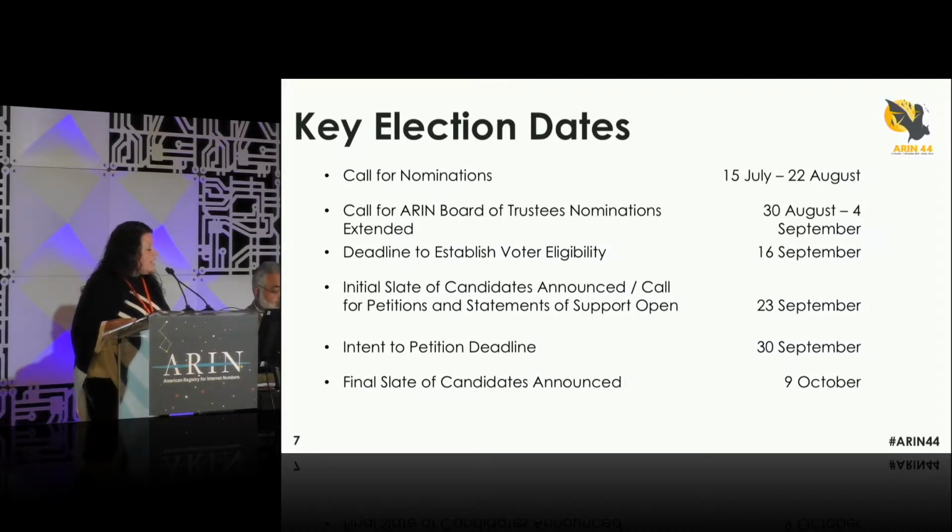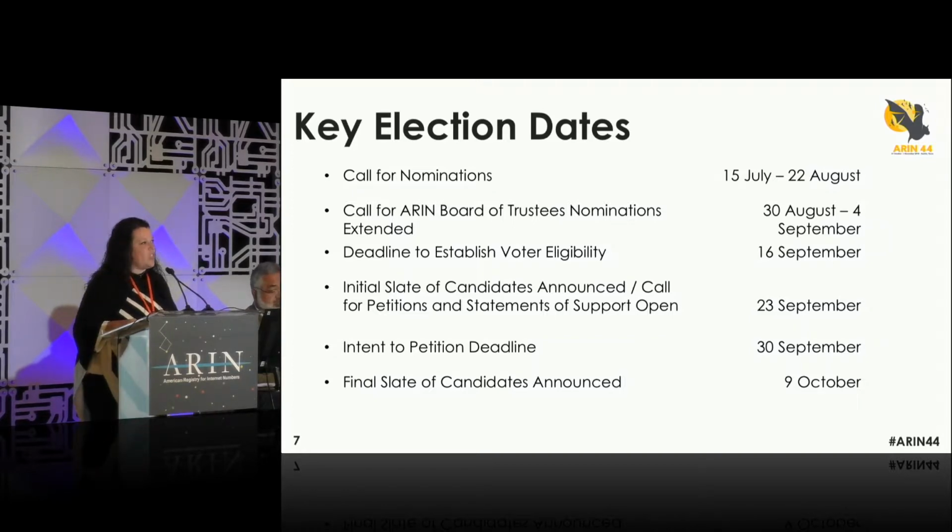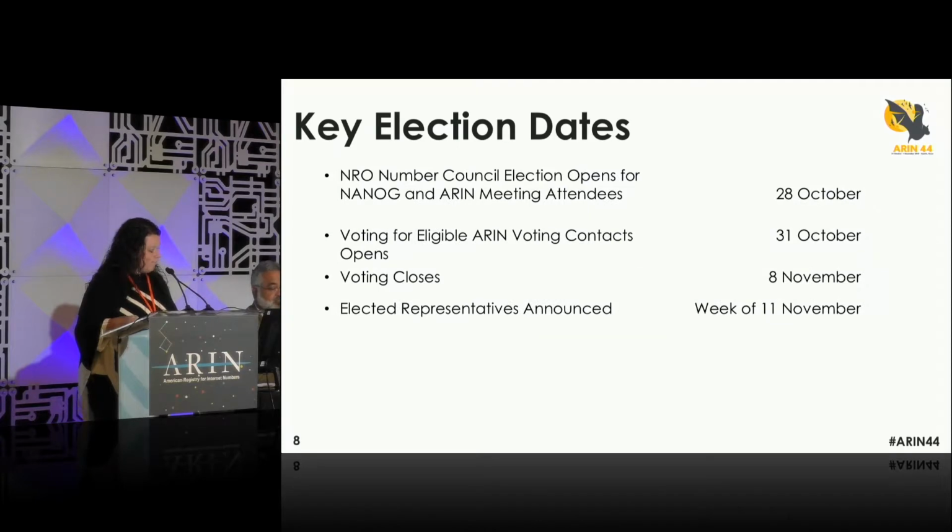Our initial slate of candidates was announced in addition to a call for petition and the statements of support opening on September the 23rd. The intent to petition deadline was September the 30th. As of this year, we did not have anyone who expressed an interest in petitioning. And so the final slate of candidates was announced on October the 9th. We technically had until the 21st of October, but due to the lack of petitioners this year, we were able to release the final slate earlier.